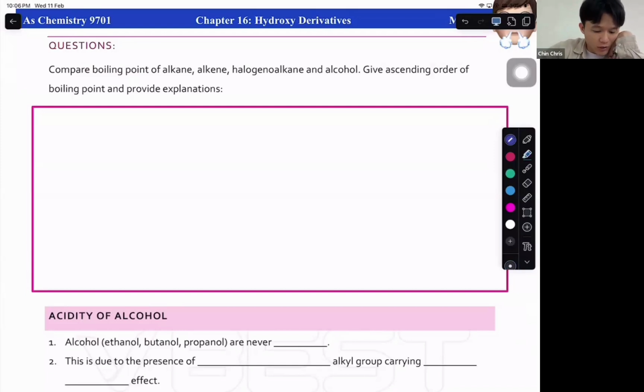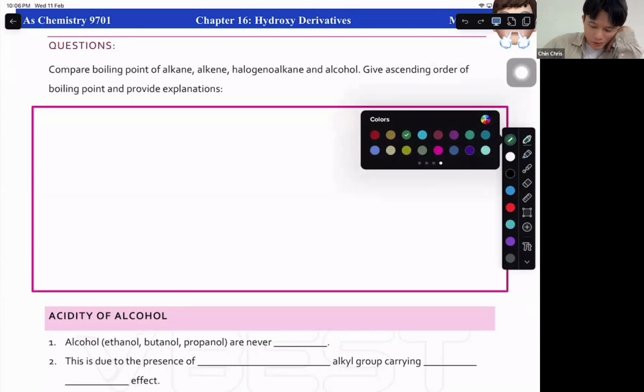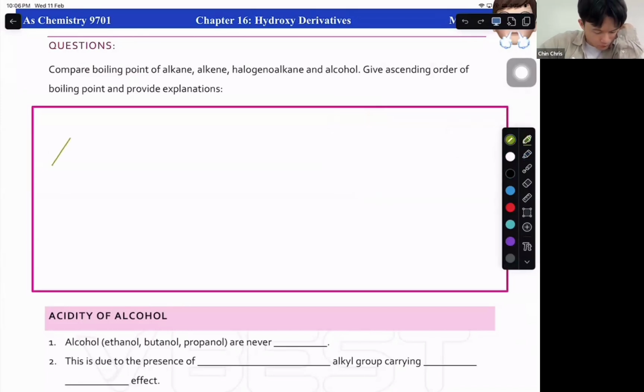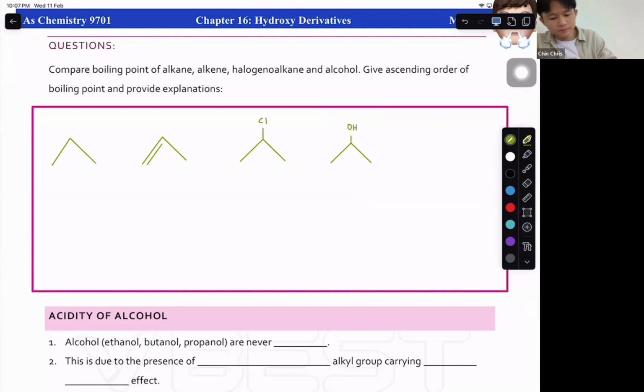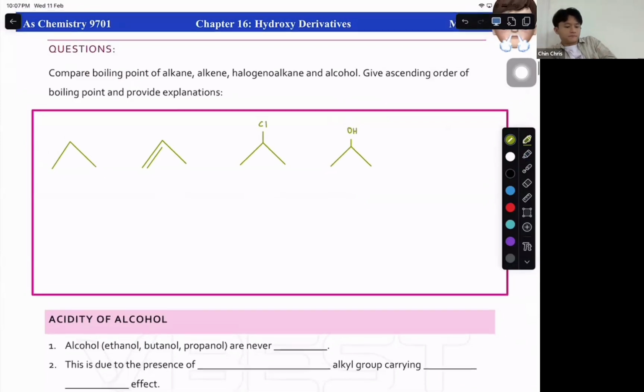I'm going to draw an alkane, an alkene, a halogenoalkane, and an alcohol. Please draw this out.